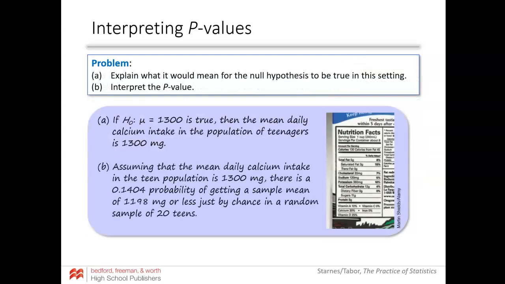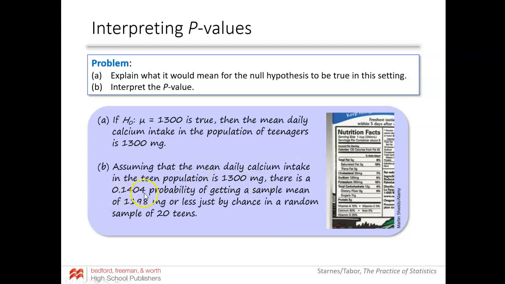And that's a lot of stuff to write down. Assuming that the mean daily calcium intake in the teen population is 1,300 milligrams, there's a 14% probability of getting a sample mean of 1,198 milligrams or less just by chance in a random sample of 20 teens. So think about how we can dissect this and make it into a template. Assuming that the null hypothesis is true is how they started this.